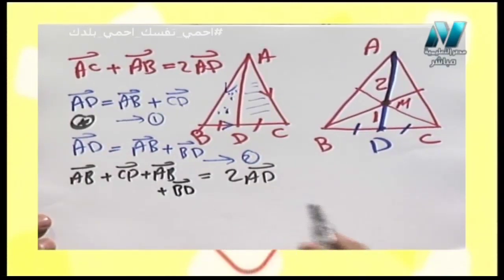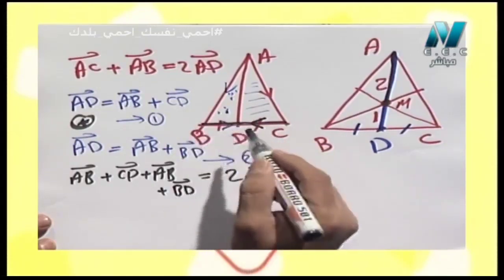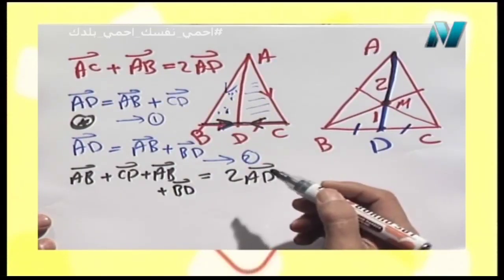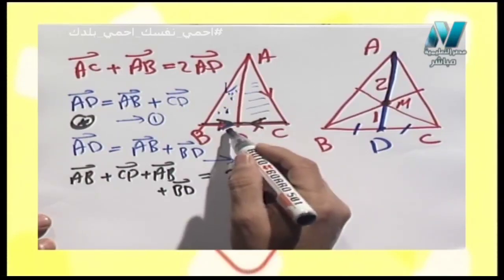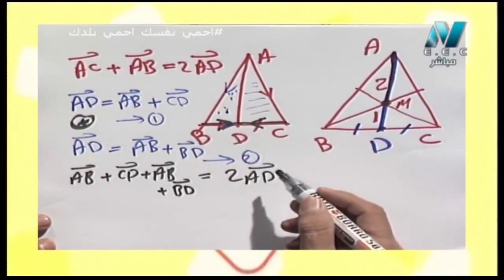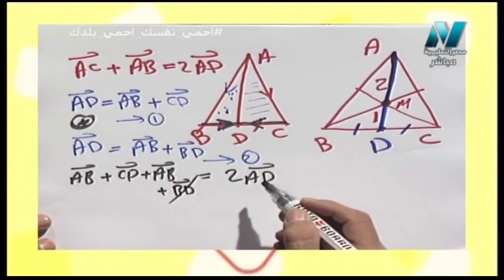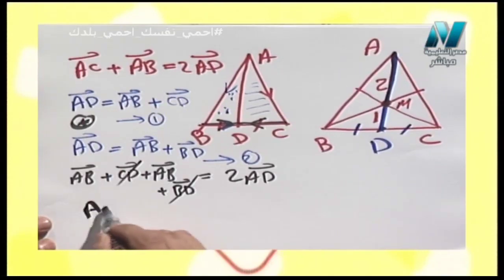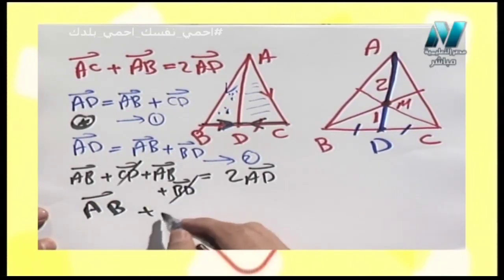We know that the vector CD equals the vector BD, but in the opposite direction. So if we have CD and BD, one of them equals negative the other, so they cancel. BD cancels with CD, and the remainder will be the vector AB plus the vector AC.